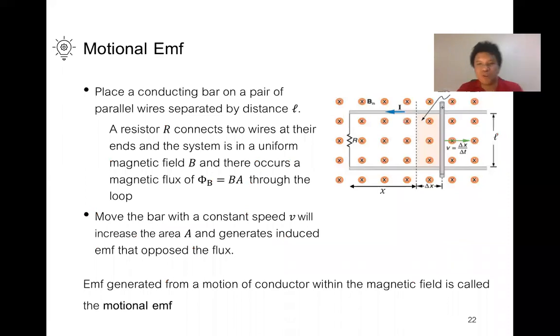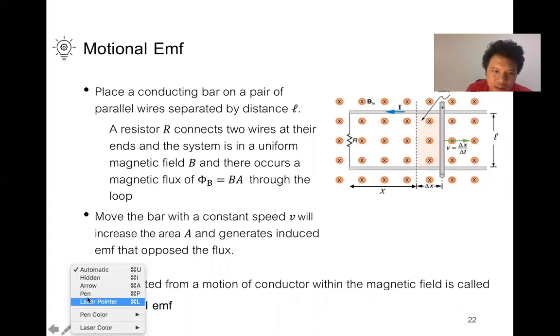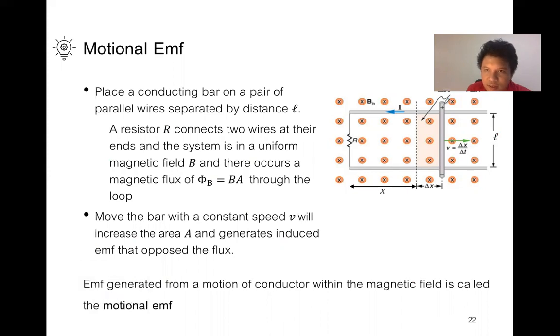Motional EMF is the EMF that is caused by motion. We are considering a small electric circuit with a resistor R and two conductors. All of these are conductors in which R is approximately 0.